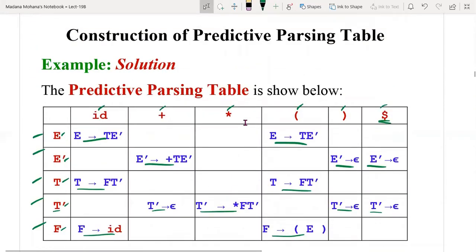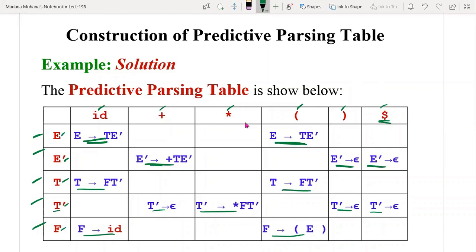After constructing the predictive parsing table, you can see the entries. All entries should be only a single production. Here you can see E on ID, only one production. Then E on left bracket, only one. E dash on plus, only one production. You can see all the entries, whichever are filled with productions, are single productions only. Ignore the blank entries; only consider wherever productions are added.